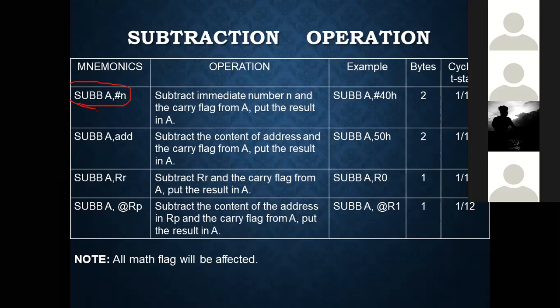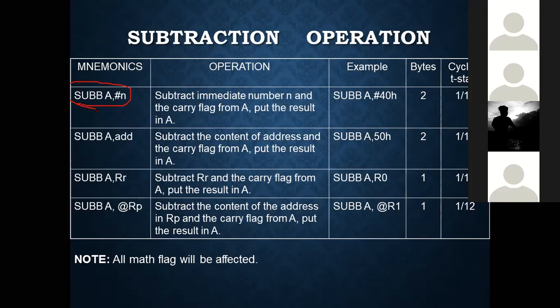Now, for example, SUBB A, #45H. Before the instruction, the content of the A register, suppose it was 79H, and the content of the carry flag is 0. After the instruction, 79H minus 45H minus 0H.